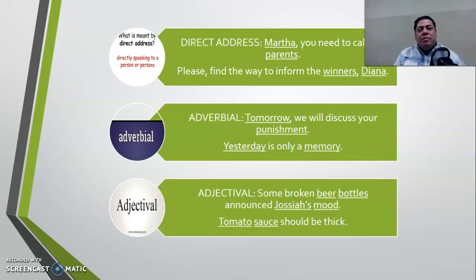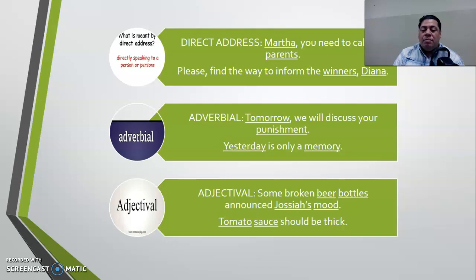Are they the same as soda bottles? No. So, it behaves like an adjective, but it has to be next to the other noun. Now, to complete this analysis, I'll say that beer is an adjectival and bottles is the subject.